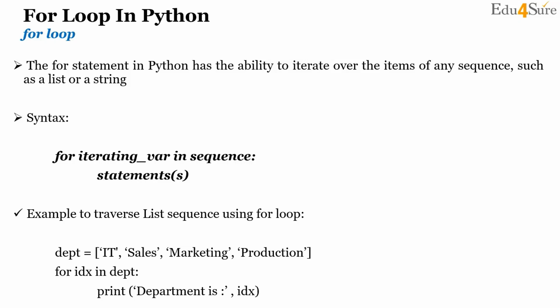Let us now practically see how we can implement the for loop in the PyCharm IDE. Now, let us suppose we need to print the names of all students in the list.